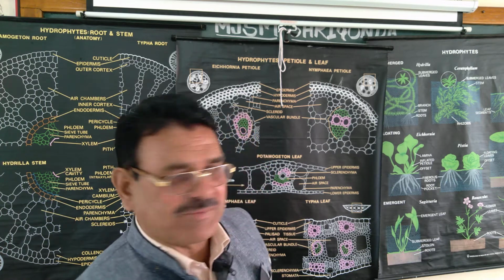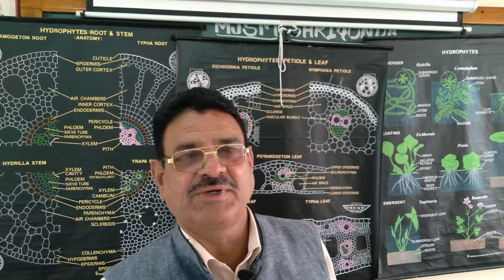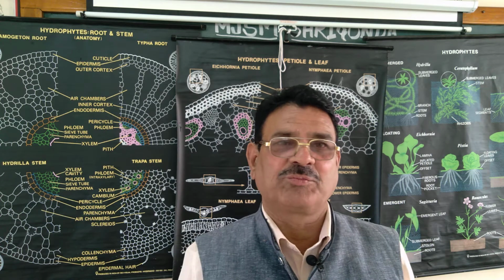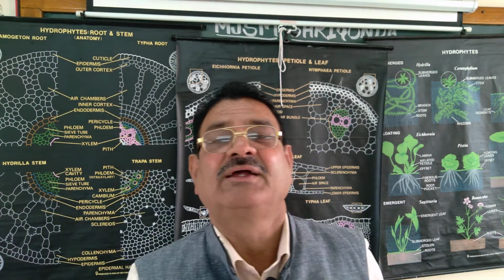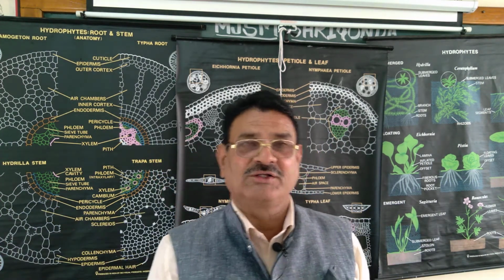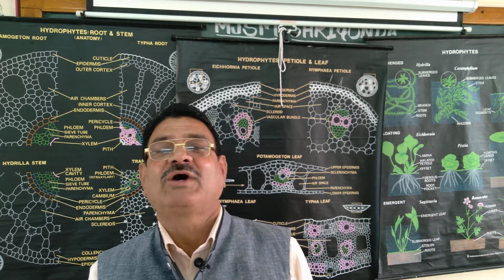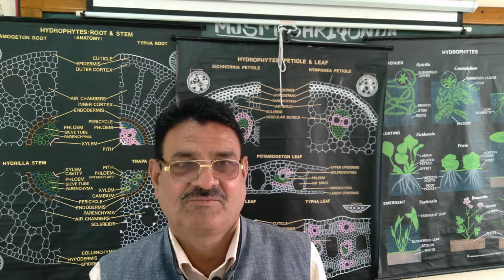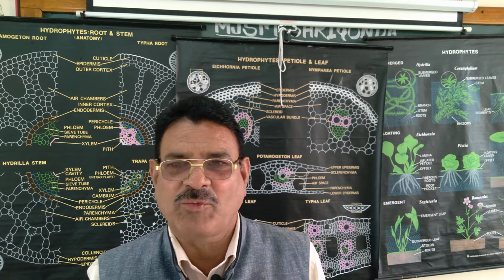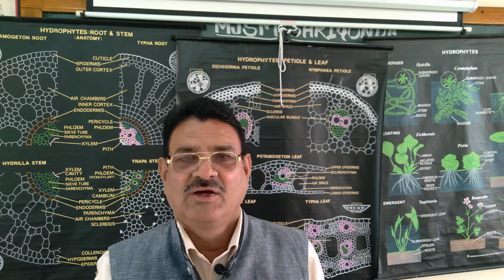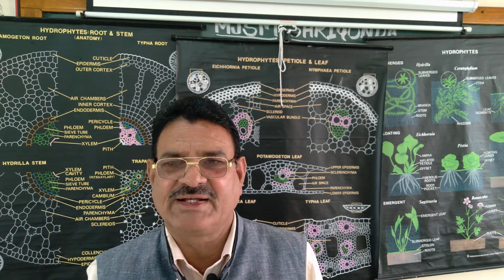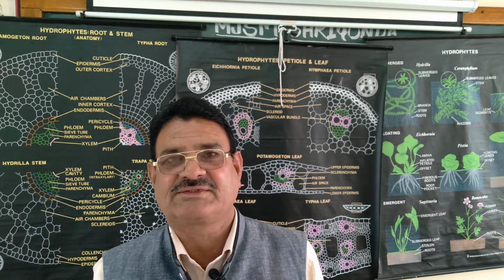These are examples of ecological grouping of plants. First, study hydrophytes. In Greek, hydros means water and phyton means plants. Plants growing in abundance of water are called hydrophytes. Plants growing in swamps and marshy lands are also called hydrophytes.